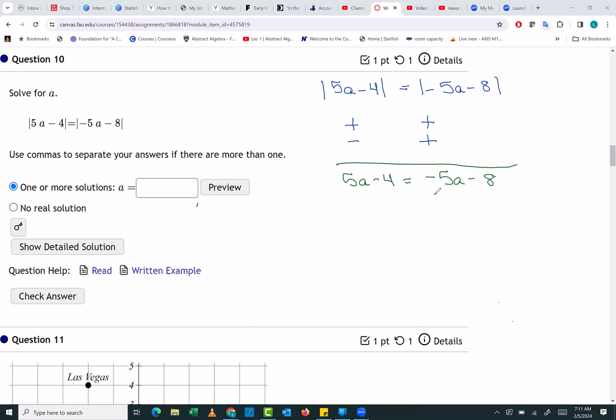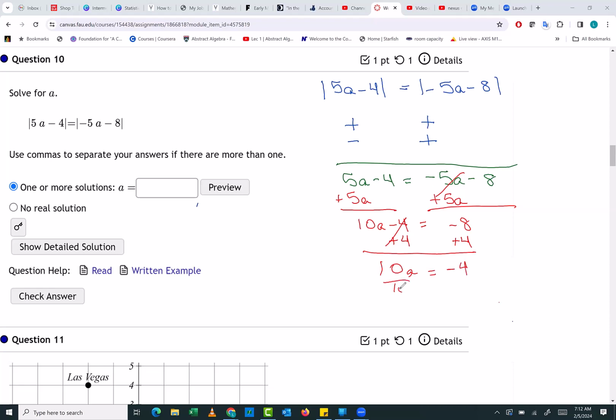I can add 5a to both sides, which gives me 10a minus 4 is equal to, that cancels, -8. Then I can add 4 to both sides. Cancel this, and I get 10a is equal to -4.